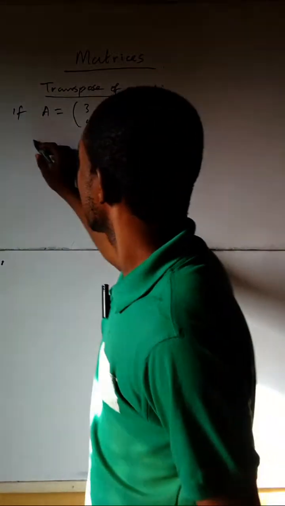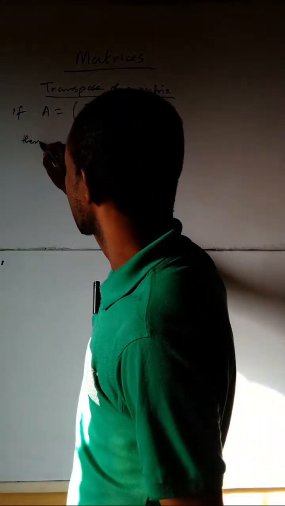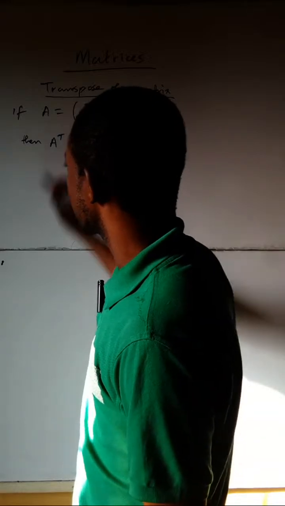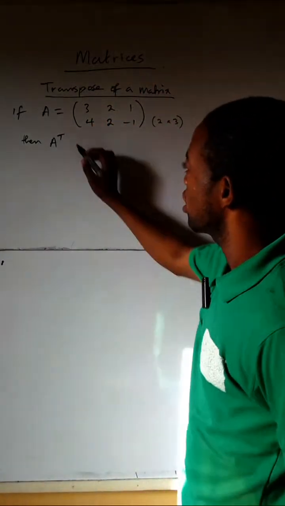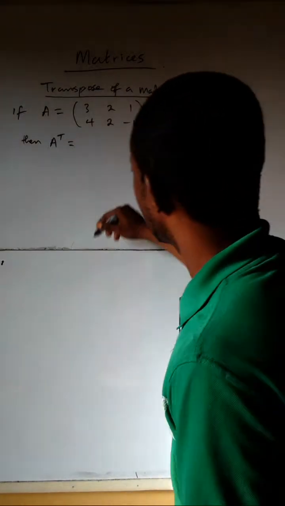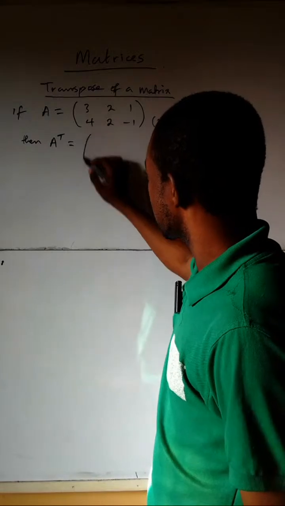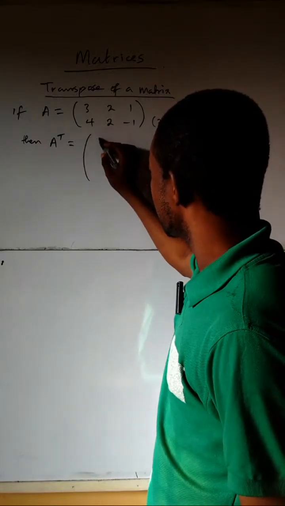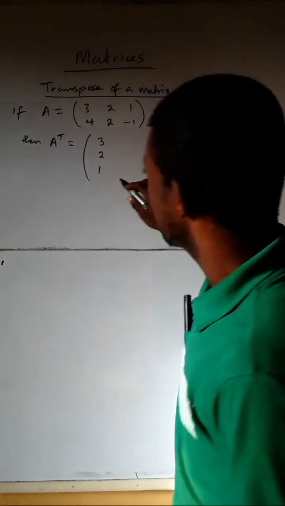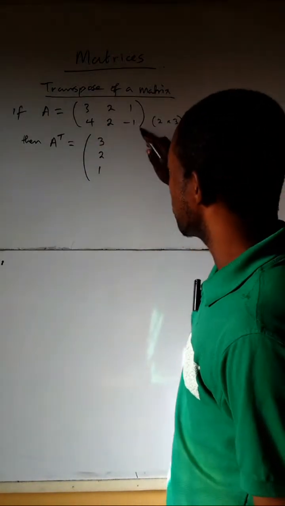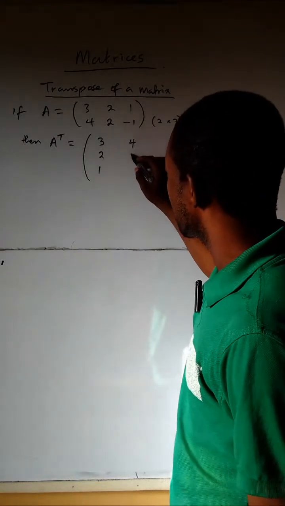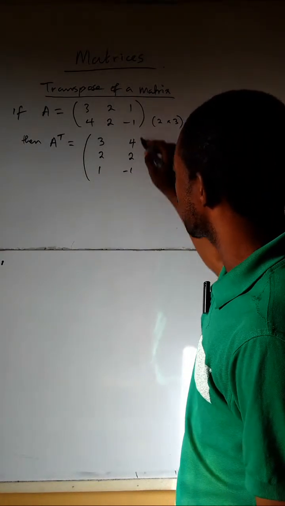Then A transpose, written as A with a raised power T, will be equal to the row here turning to the column. That is, here we are going to have 3, 2, 1. Then same thing, the second row will turn to the second column. And this becomes 4, 2, minus 1.